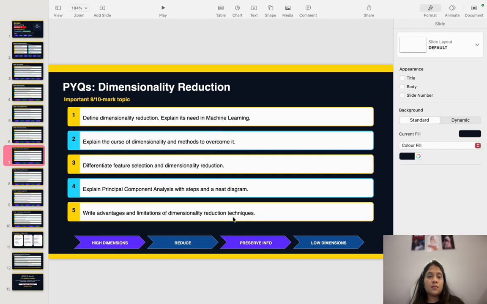Next is dimensionality reduction. So here you can see it can be asked for 8 or 10 marks. Okay. Define dimensionality reduction, explain its need in machine learning. Okay, followed by 5 questions you can see asked related to dimensionality reduction.